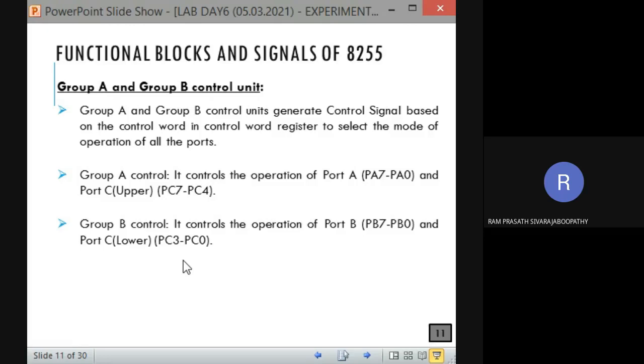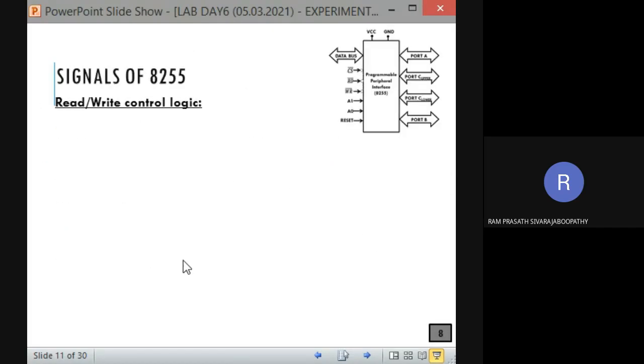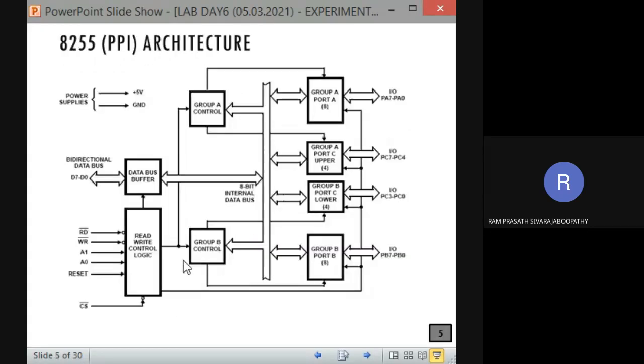See, you will understand the concept from the architecture diagram. So now you see the architecture diagram. You can understand whatever I have told so far. Is it clear now? Through the data bus buffer, we can go to the port register and write whatever port data we want.